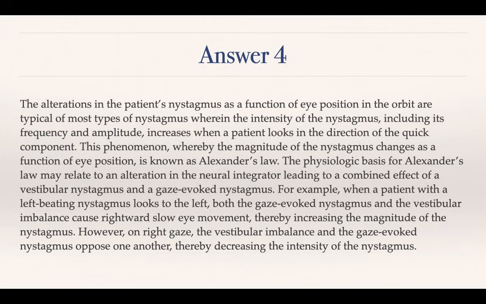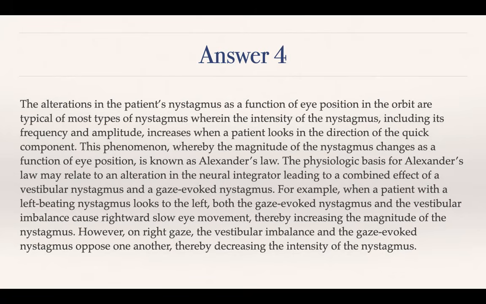So why is this so? What happens to the gaze-evoked nystagmus on left gaze? On the left gaze, we get a left beating nystagmus, which means the slow component is to the right. The slow component is to the center. Gaze-evoked nystagmus is because the eyes are drifting to the center. So left gaze, left beating nystagmus means the slow component is towards the center, or to the right.